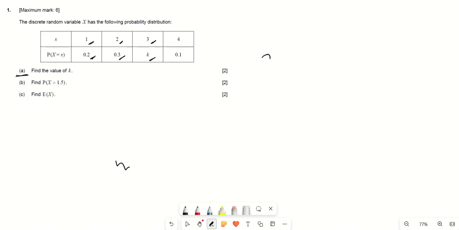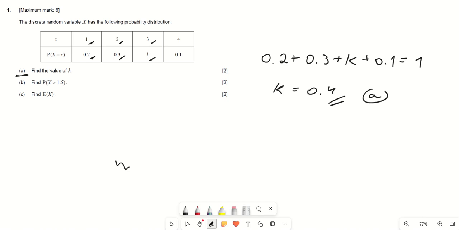So I can write down the sum of all probabilities, 0.2 plus 0.3 plus k plus 0.1, and this should equal 1. This is an equation with k as a variable, and when I solve it I get that k equals 0.4. So this is the answer for A.